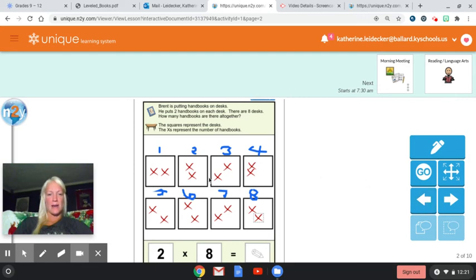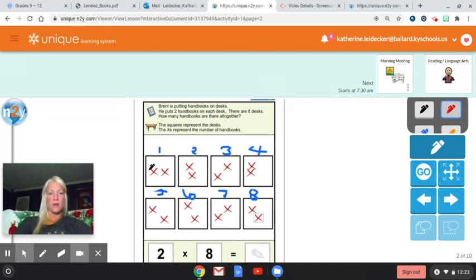Well, before I go back, let's count. So each desk has 2 handouts. So I'm going to count 1, 2. Let me get my marker. 1, 2, 3, 4, 5, 6, 7, 8. So I'm counting all my X's because I'm counting our handouts.